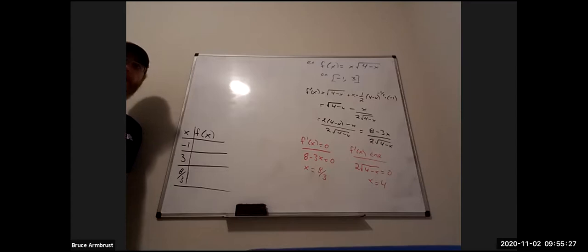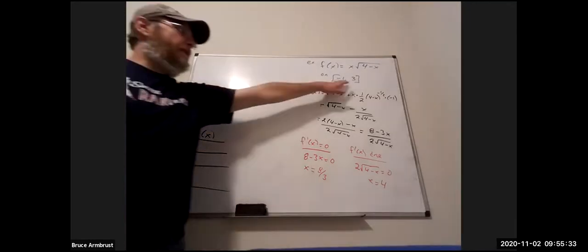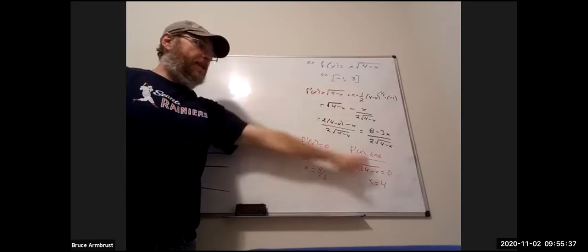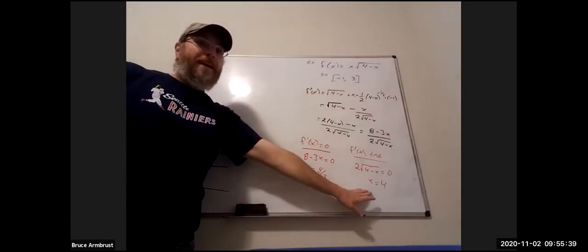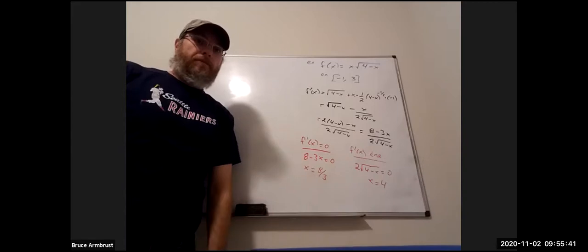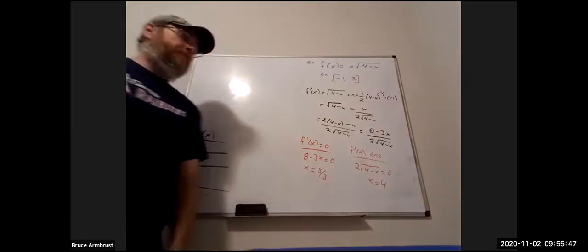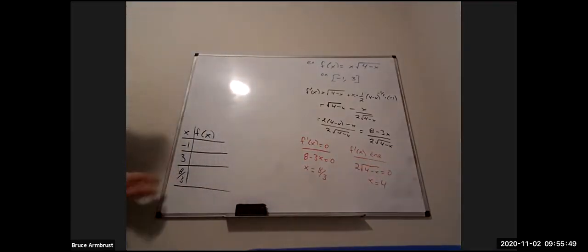Anybody see why that's going to be the case? Yeah, perfect, it's not in the interval. I'm only looking for numbers between -1 and 3. So any critical points that pop up that are not in that interval, we're just going to ignore them. Pretend that that never even happened because it's not in our interval. All right, so these are the numbers that we have to check.